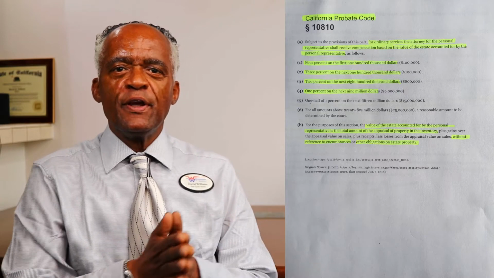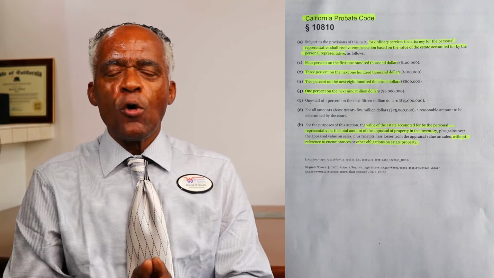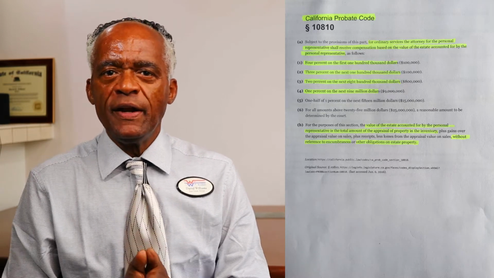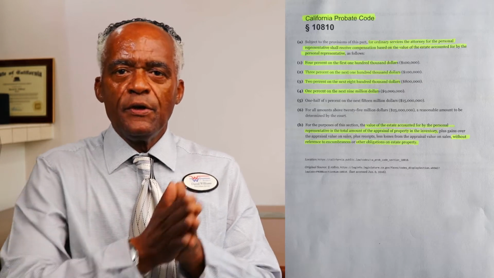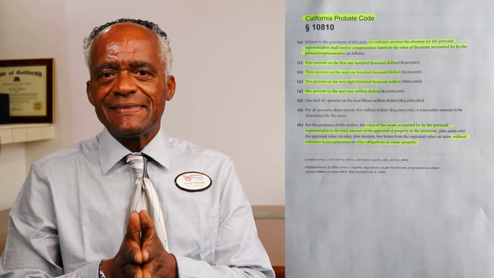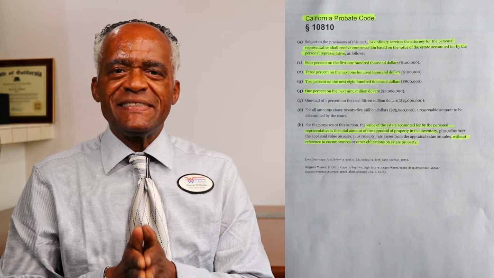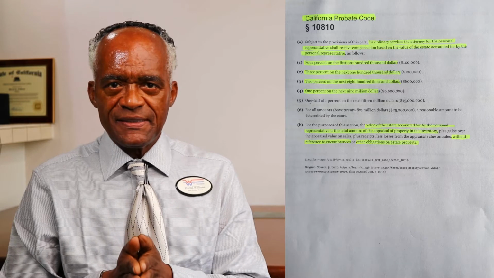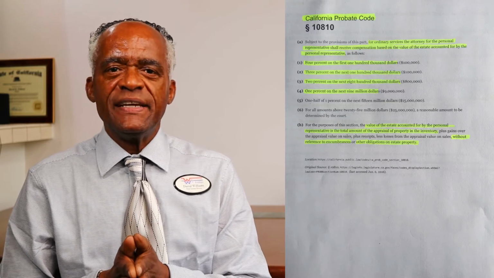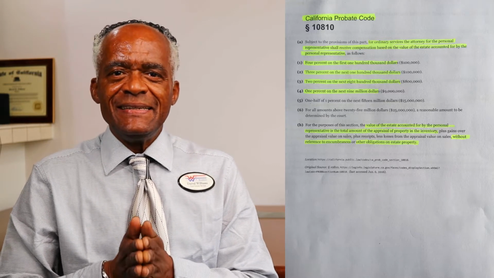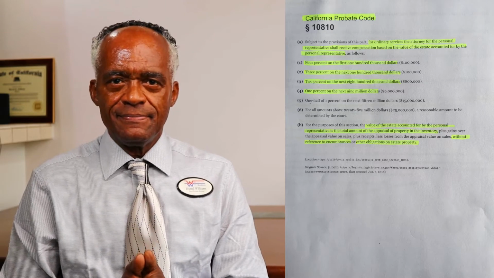A probate attorney will be paid 4% of the first $100,000, 3% of the next $100,000, 2% of the next $800,000, and 1% of the next $9 million.